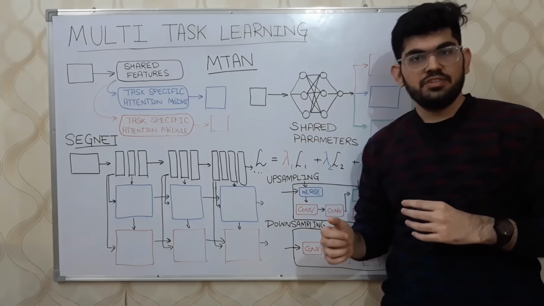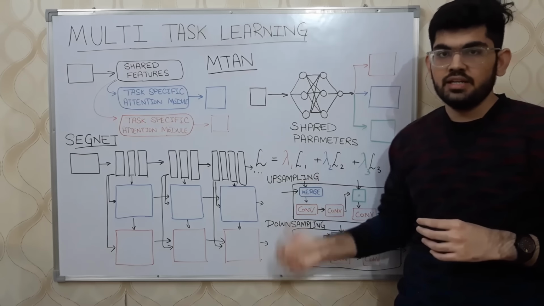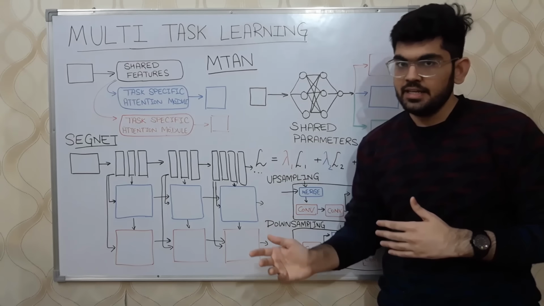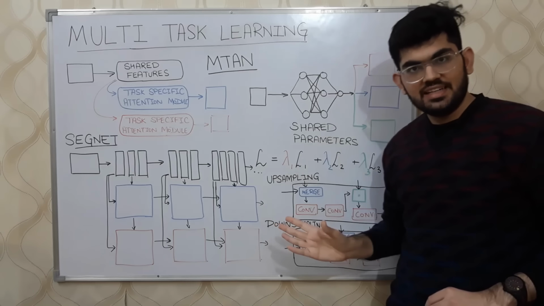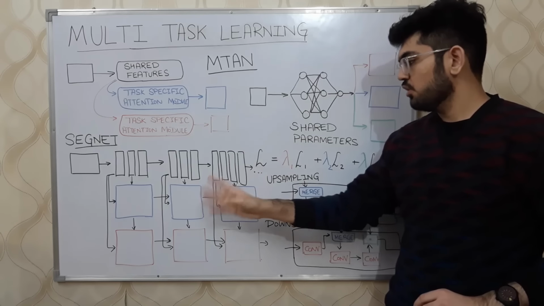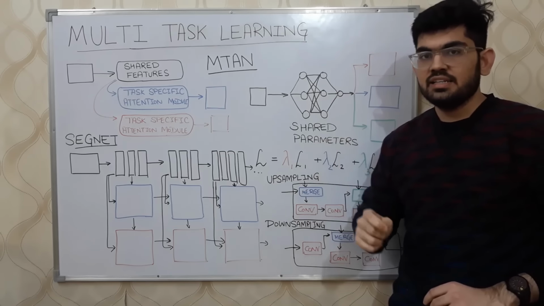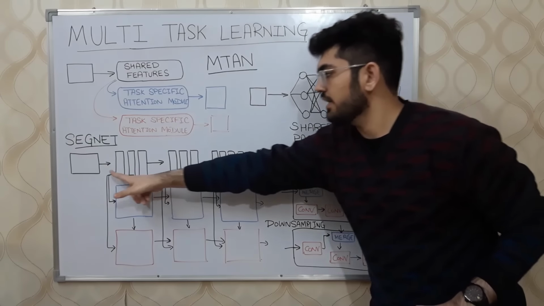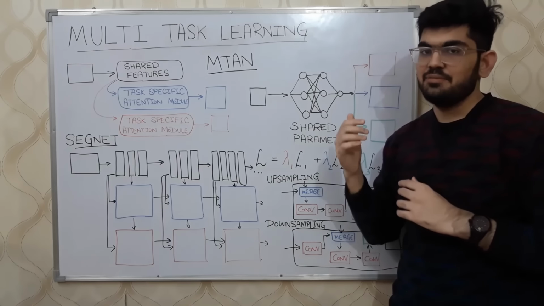Now there are some differences in the upsampling attention modules and the downsampling attention modules. Let us discuss them in slight detail. For the upsample attention module, we get the input from the previous attention module, which we can see over here, and we take another input that is derived from the first layer of the convolution block, as we can see over here. These two matrices are merged.